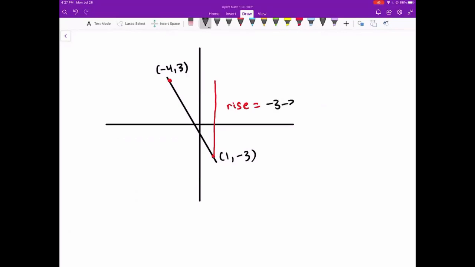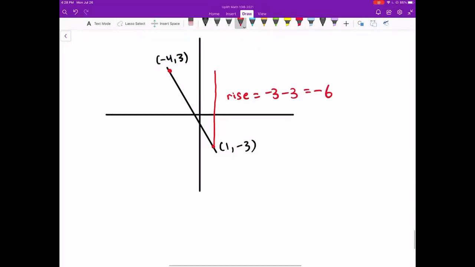So -3 minus 3. Because then you'll have a rise of 6, which is not the case. I think you just got to do it in the same order, like point 1 subtract point 2 and point 1 subtract point 2. But I feel like just always go with the second point minus the first point.